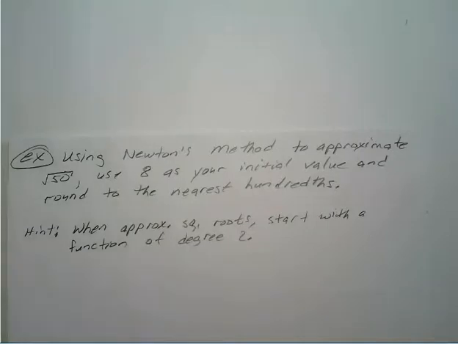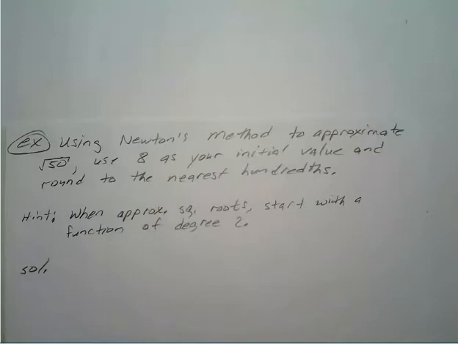Alright, so we're going to go ahead and solve this one. Okay, so what do we know? Well, using that, we're going to look for the 0 of that one.